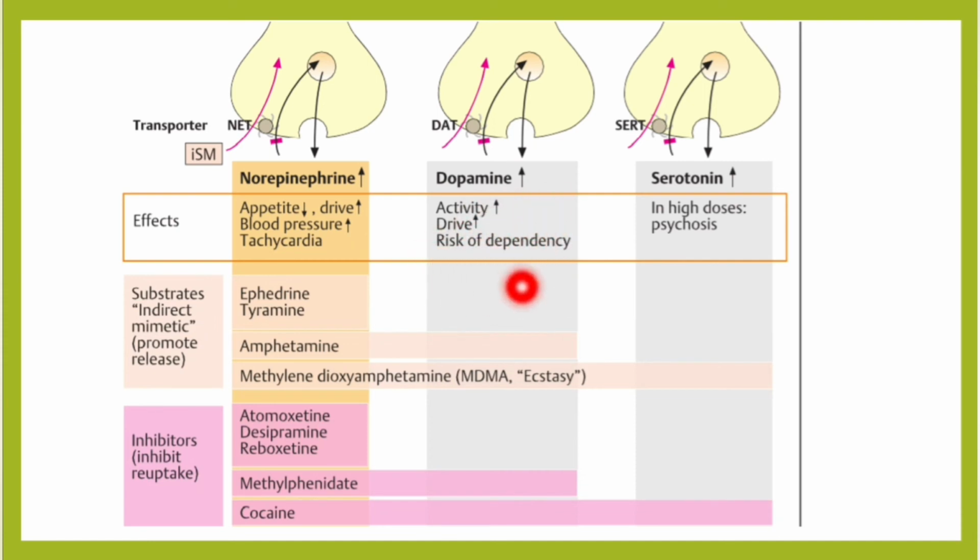So if any drug is increasing dopamine, you can see here what can cause dependence: amphetamines, methylphenidate, cocaine. If any drug is increasing serotonin, high doses will cause psychosis. So you can see methylenedioxyamphetamine can cause psychosis, and also cocaine.